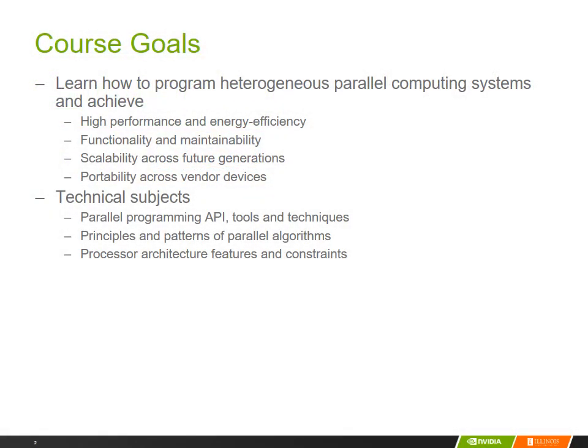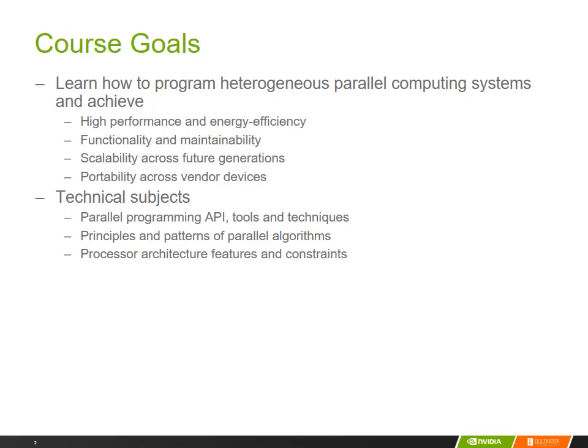The primary goal of this course is to teach students how to program heterogeneous parallel computing systems. The obvious goal for this kind of programming is to achieve high performance, but it's also very important in today's energy limited environment to be able to achieve high energy efficiency.